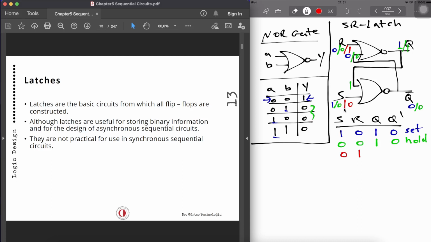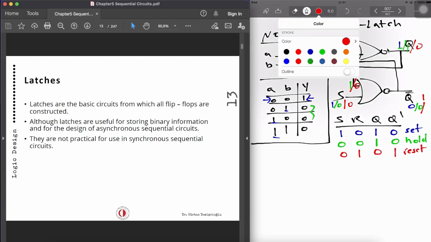When either of the inputs is 1, the output is always 0. Now R is 1, so Q is going to be 0. This 0 will be fed over here, and S is 0, so 0, 0 is going to give 1. So now we can see that Q is 0 and Q bar is 1. This is known as the reset state.